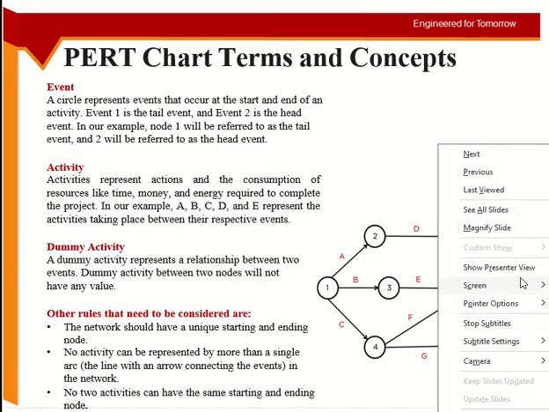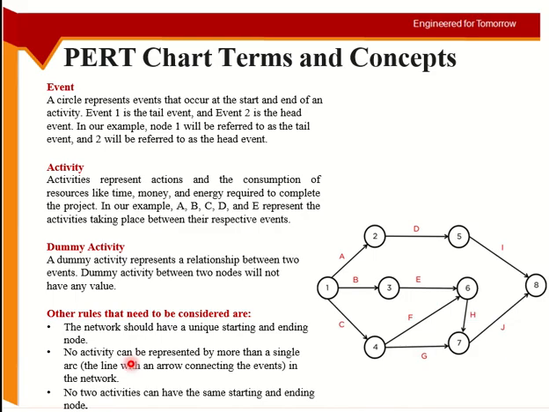What other concepts do we have here? I already told you about dummy activity. Every activity should have a start node and an end node, and the network should have only one start node and one end node.